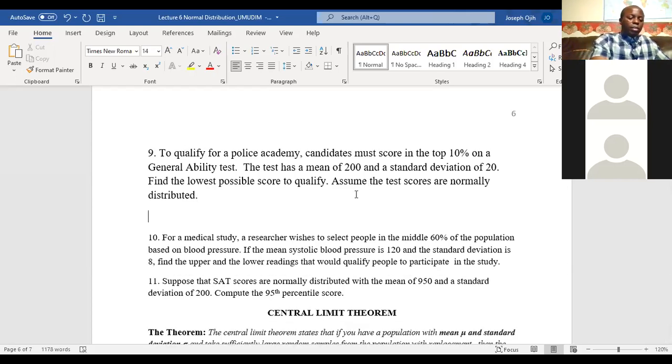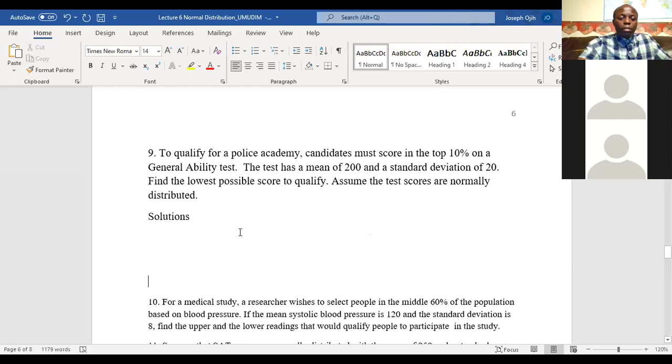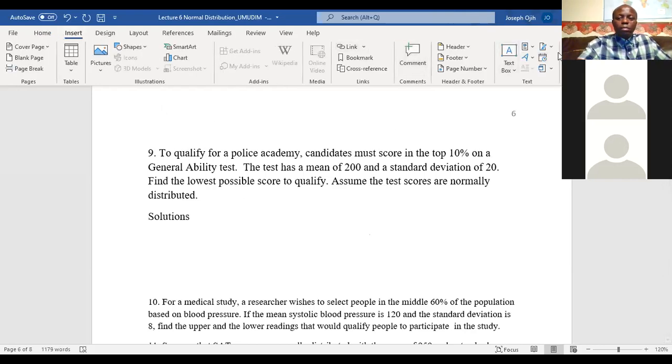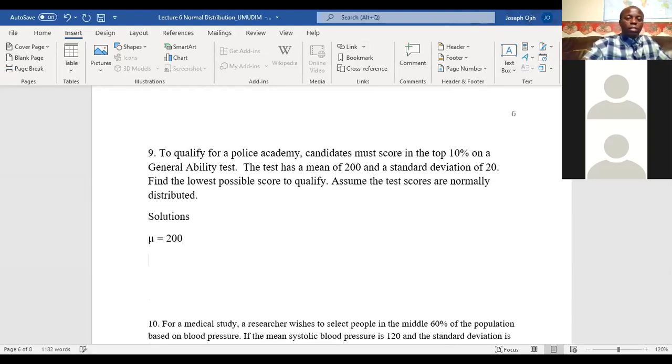So to solve this, we're going to use the formula that I just mentioned. In this case, the mean is 200 and the standard deviation is 20.